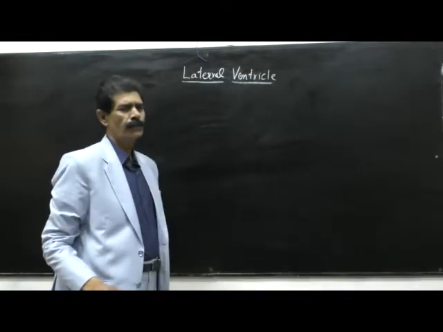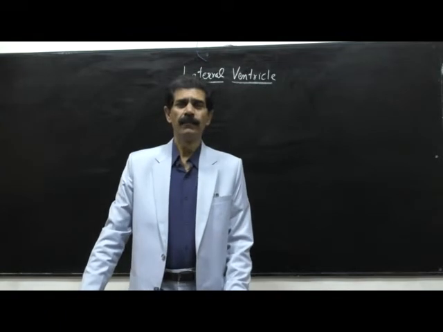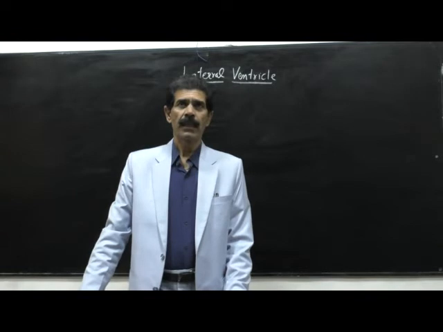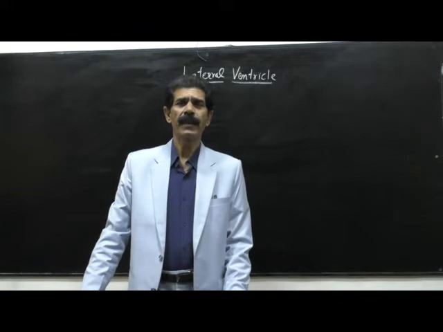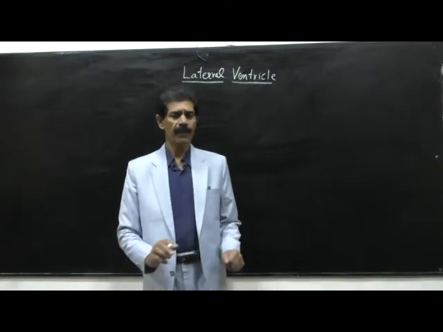As we know, every part of the brain is hollow from inside and it is filled with the CSF. Similarly, the forebrain that is formed by the cerebrum and the diencephalon is also hollow from inside. And this hollow cavity is called the ventricle.